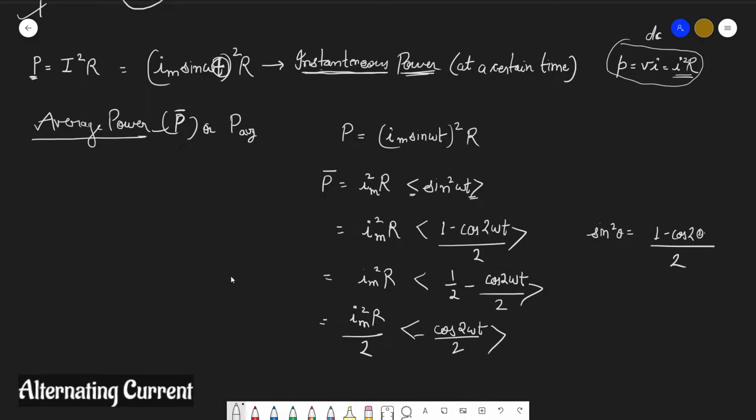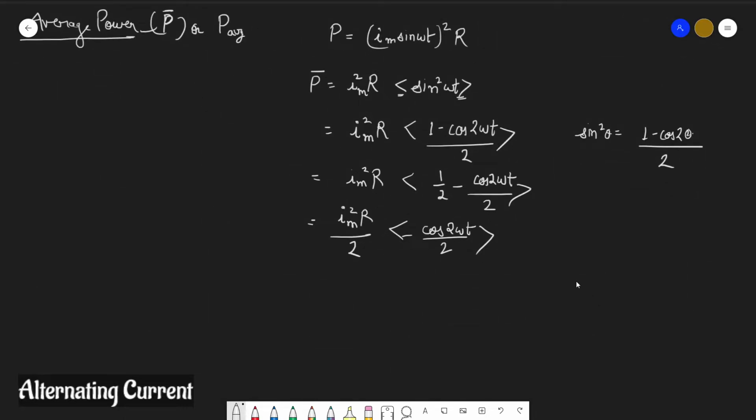Now, if we take the average, what is average? If I say the sine or cosine function is like this, one cycle of cosine is 2 pi, and the sine function cycle is also 2 pi.